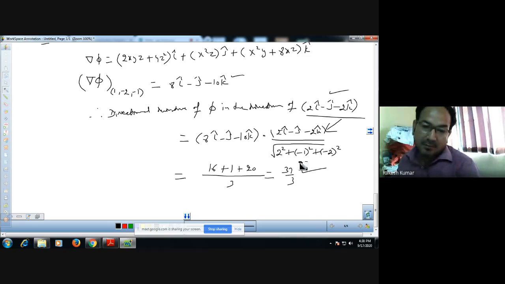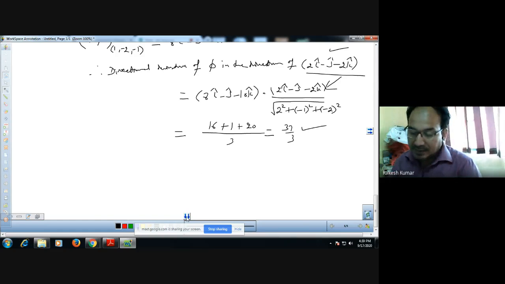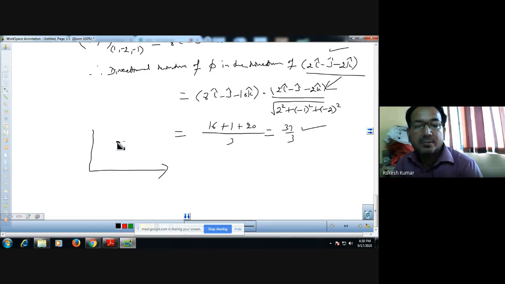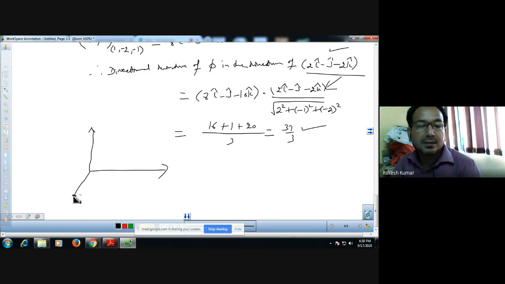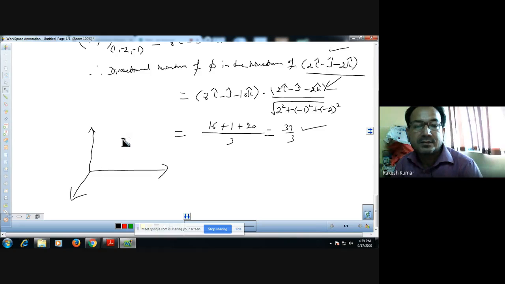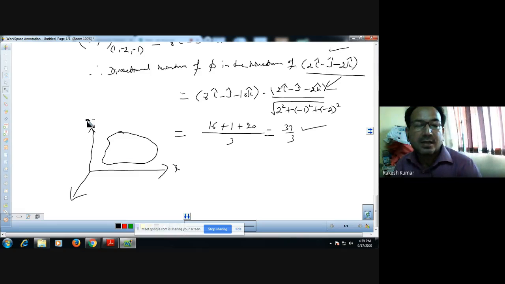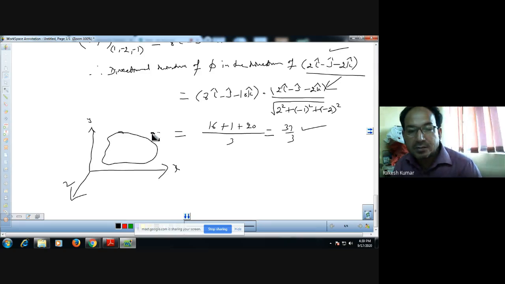Always remember, what is the meaning of a directional derivative? The directional derivative is, suppose we are in 3D, and suppose we have a surface like this. This is a 3D surface, and the surface is lying in the x, y, z plane. No doubt about that, because we observe this surface in 3D.